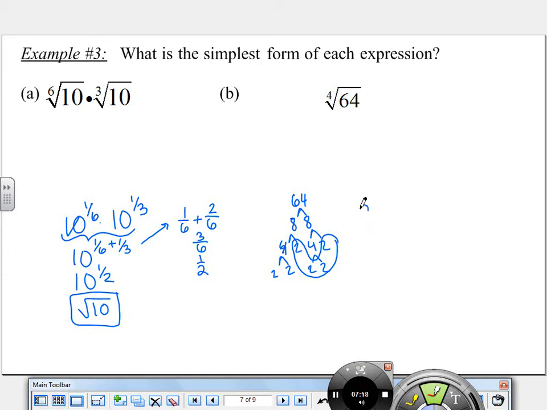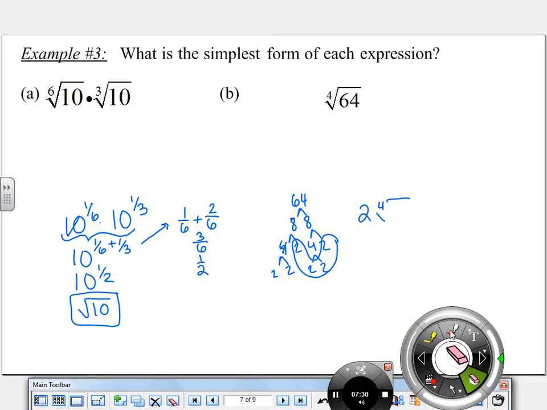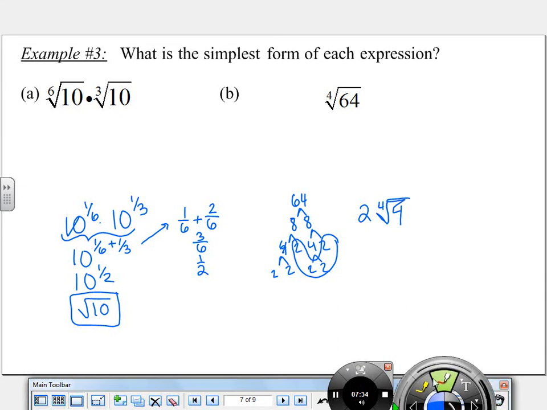So you might think, well, we have 2, and then we have the 4th root of, and I'm sorry, that shouldn't say 2. It should say 4, because there are 2 factors left of 2 when we simplify the radical, so this should say 4. Okay? So you might think, well, this is the most simplified version.